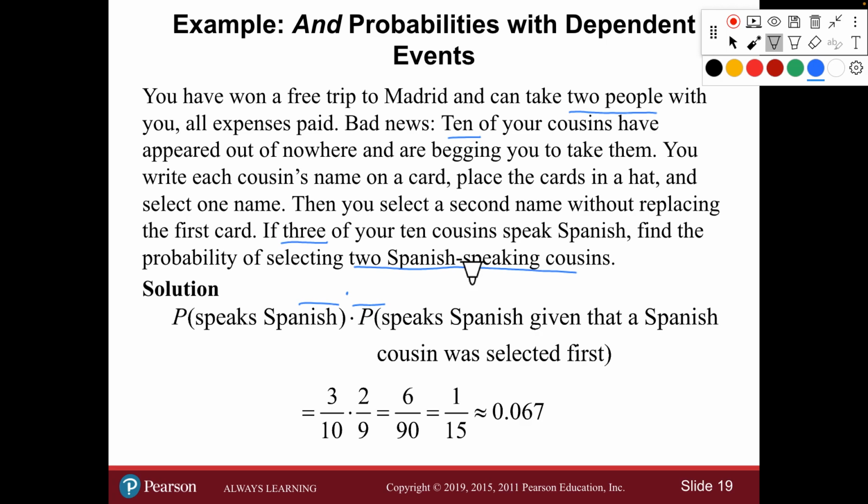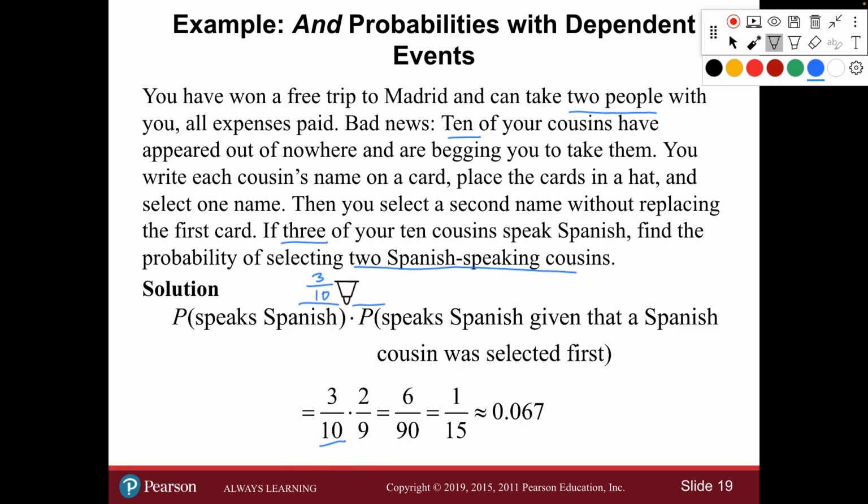I would just kick everyone else out of the room and take the 3. But anyway, maybe you don't want to get somebody angry at you. There's 3 of them that speak Spanish. There's 10 cousins, right? So that's this one here.